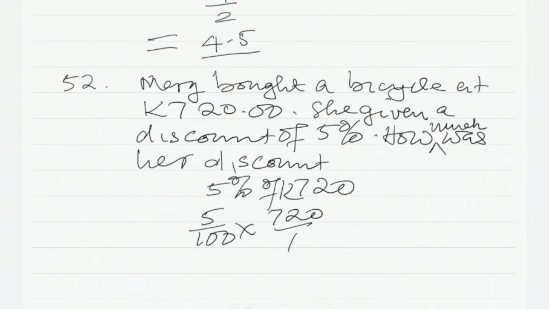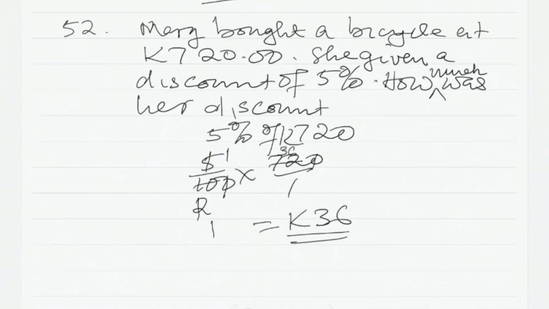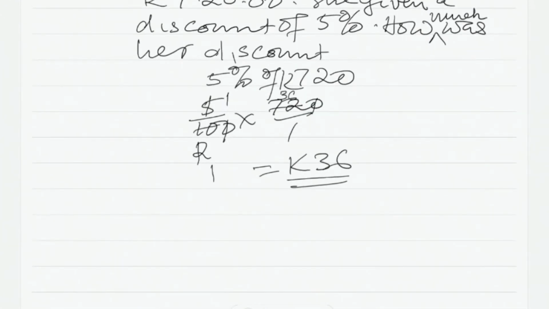So we divide by 10. 10 into 720 gives us 72. 10 into 100 gives us 10. 5 into 5, that is 1. 5 into 10, that is 2. 2 into 2, that is 1. 2 into 7 goes in 3 times, remainder 1. Into 12, it goes in 6 times. So her discount was 36 kwacha. The answer is A in number 52.